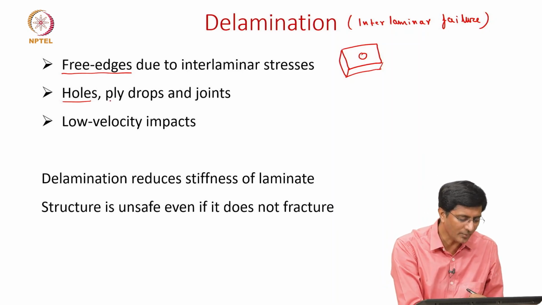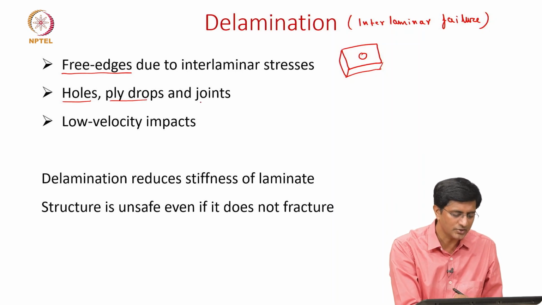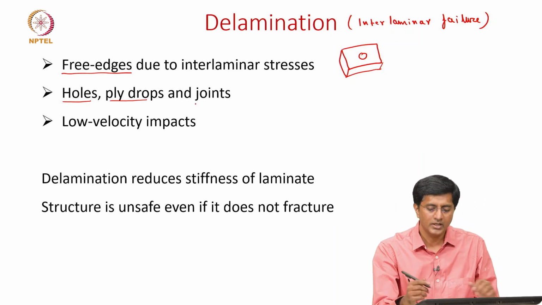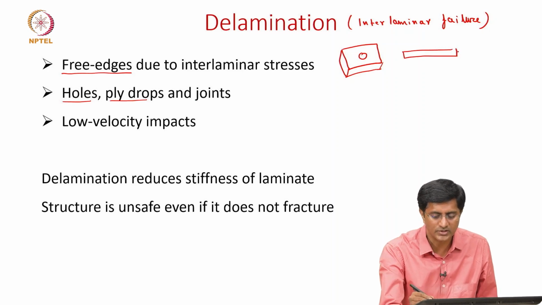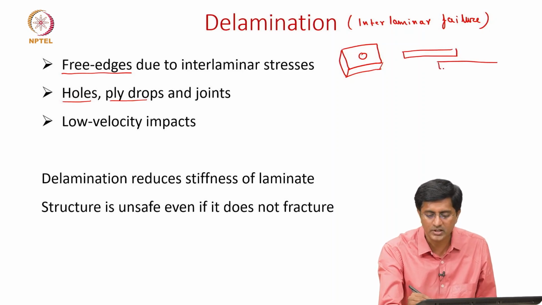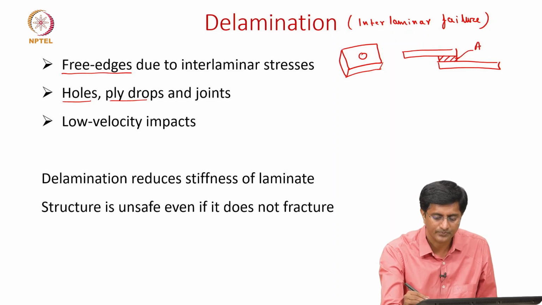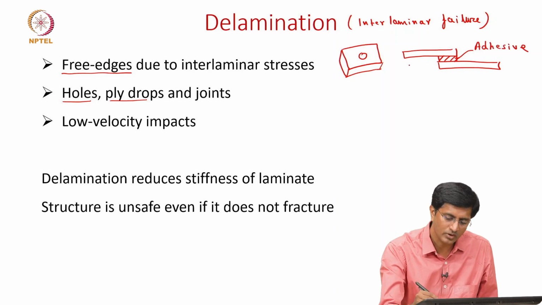And it can also happen at ply drops and joints. Let's say, how do we join two composite structures? Let's say this is one structure and the other structure is here. We join this using a material called adhesive. So what we are showing here is a composite adhesive joint.